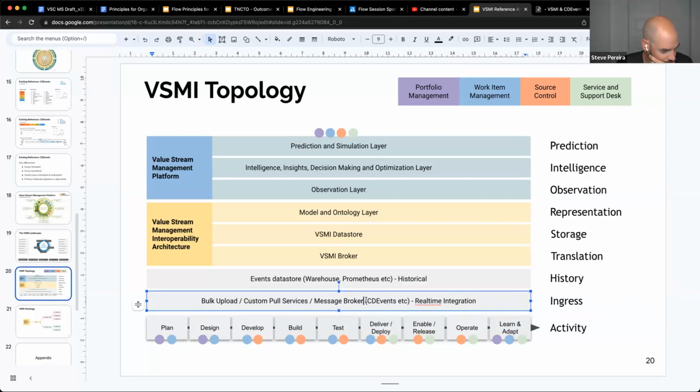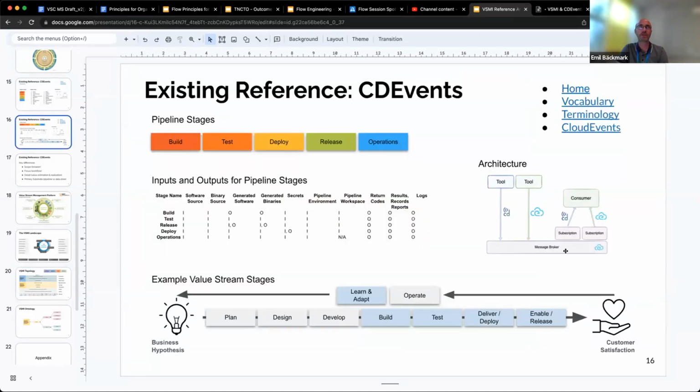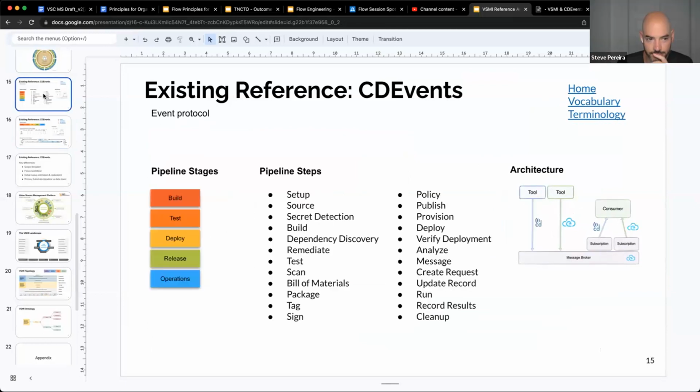The broker doesn't really care what information is contained within the messages or events sent there, but CDEvents does care about that, rather than caring about how the infrastructure looks.